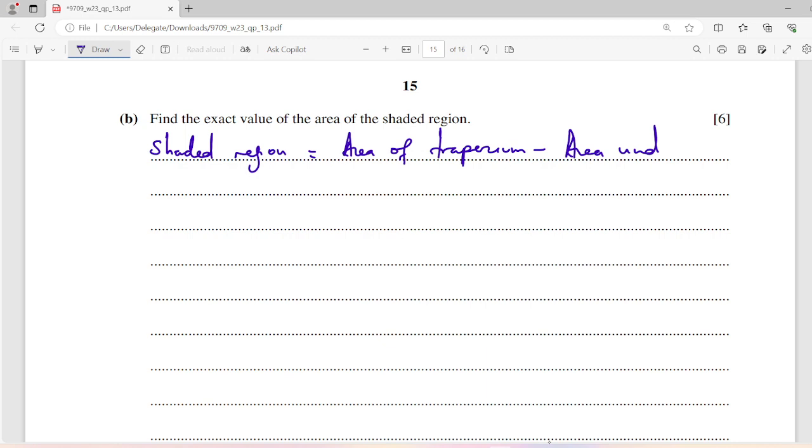It is a half times the height, which was 1, then a plus b, 3 plus 20 over 9. So this is going to be a half, and here we have 27 plus 20, which is 47 out of 9. So the area of the trapezium is simply 47 out of 18.